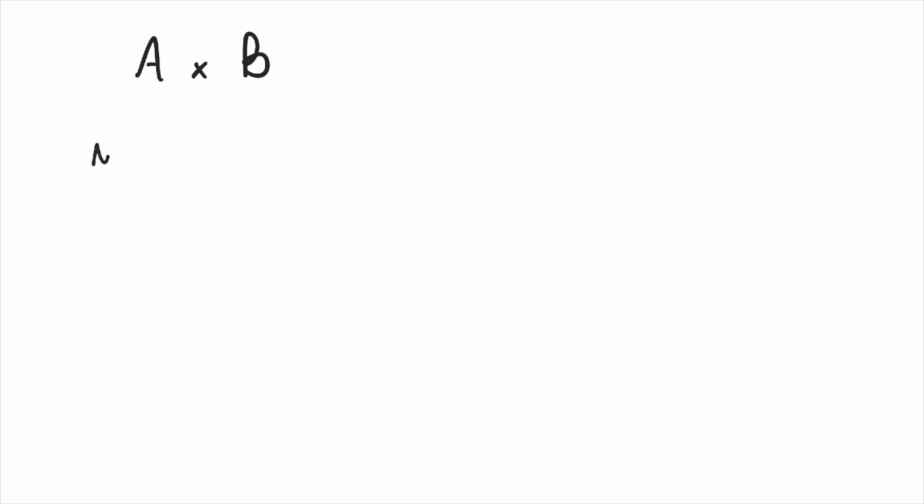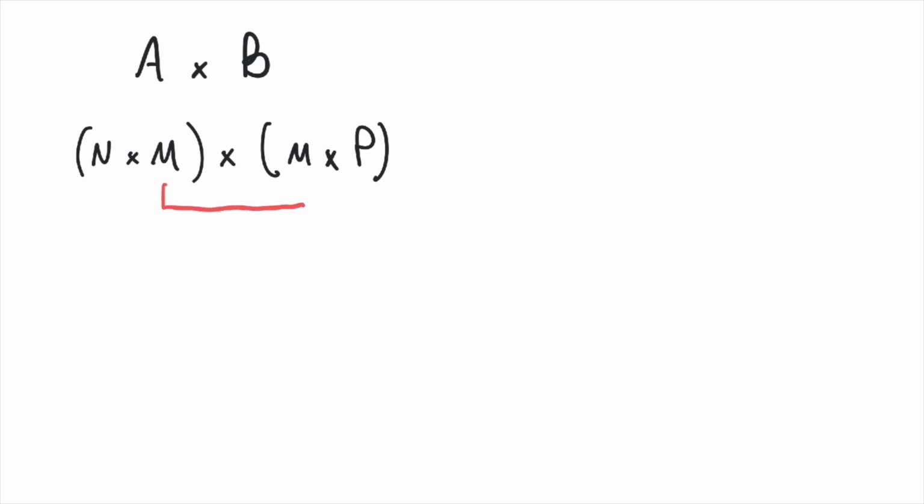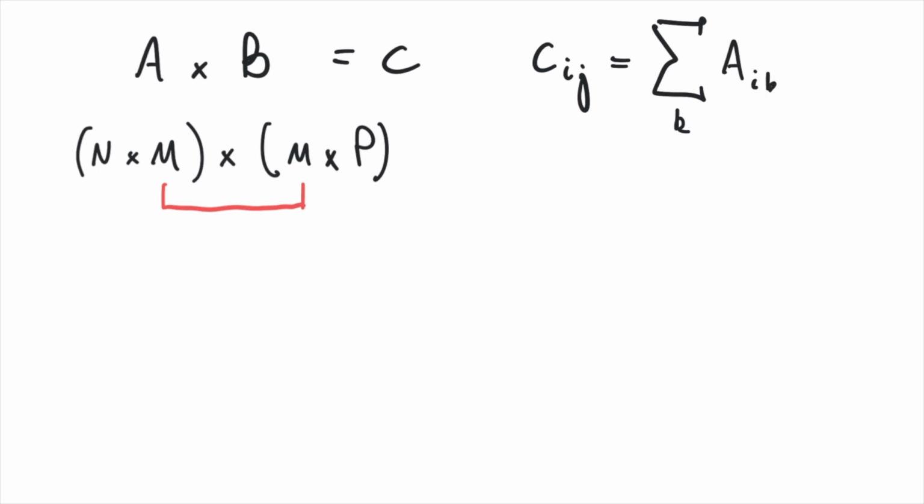So A should have n rows and m columns, and then B should have the same number of rows as A has columns, so it's m times, let's say, p columns. You see the number of columns of A matches the number of rows of B, and then we define the product to be C, where the components of C, ij, are a sum over k, where A is taken component ik, B is taken component kj.